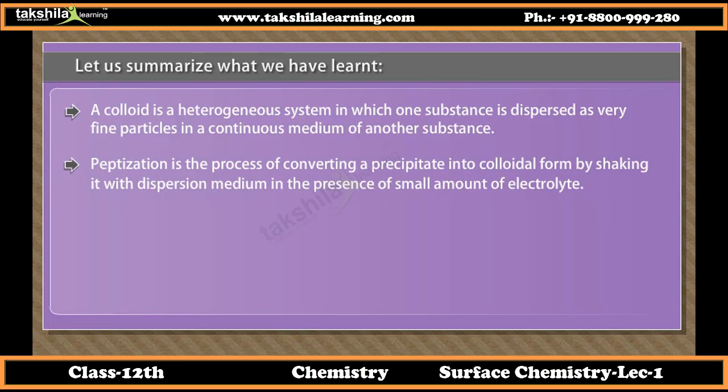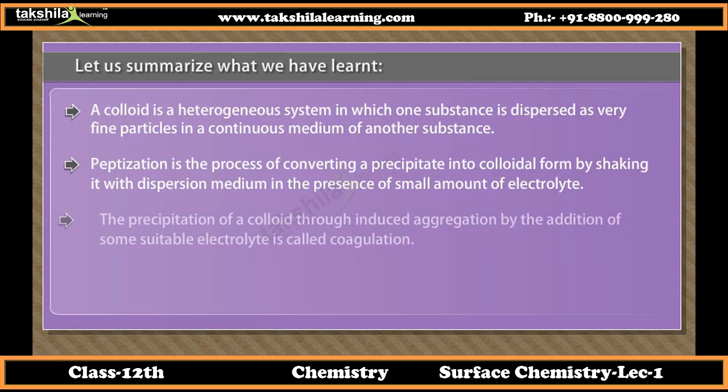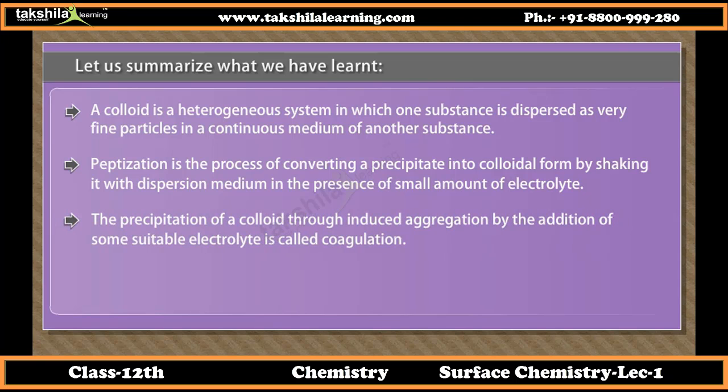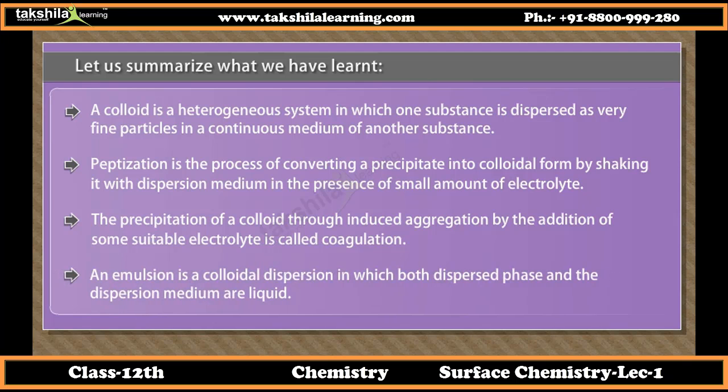Peptization is the process of converting a precipitate into colloidal form by shaking it with dispersion medium in the presence of a small amount of electrolyte. The precipitation of a colloid through induced aggregation by the addition of some suitable electrolyte is called coagulation. An emulsion is a colloidal dispersion in which both the dispersed phase and the dispersion medium are liquid.